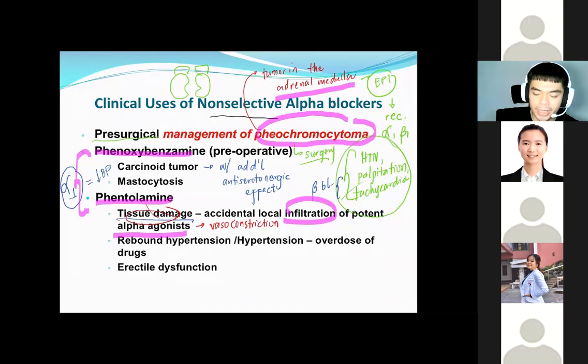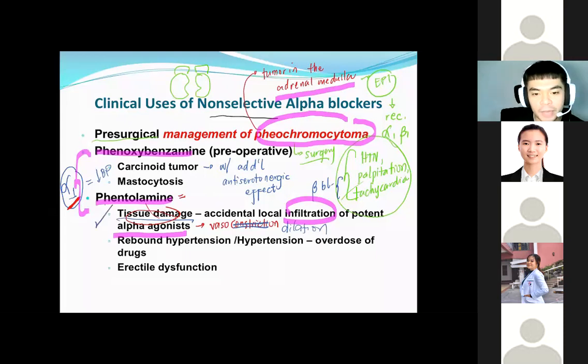Kasi ang phentolamine blocks alpha-1 which causes what? Vasoconstriction or vasodilation? Vasodilation. Very good. So maka-counteract na ngayon ang constriction effect or necrotic effect.